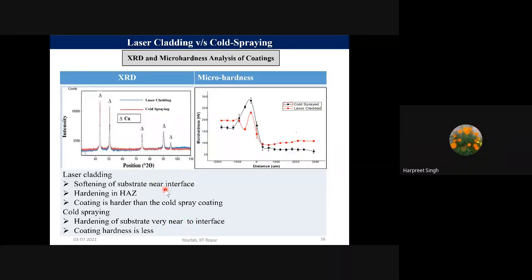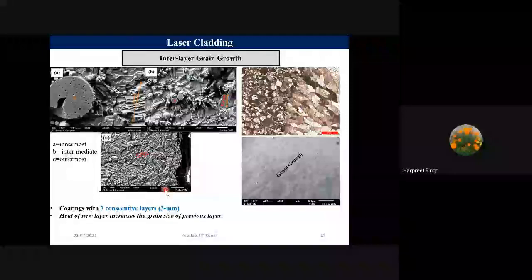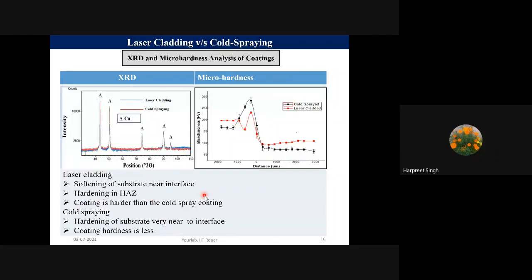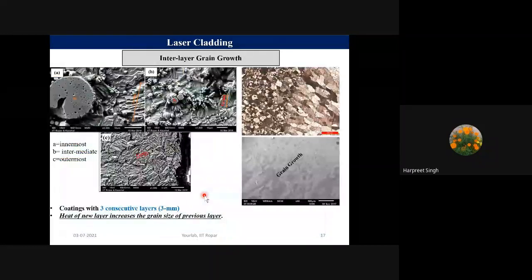Anyway, these are more detailed information about this. Coating hardness is less because it was pure, but here we had some oxides also in the material. See how beautifully Surinder has taken the pictures by SEM of different zones of laser cladding, because we faced a tough time convincing people that laser cladding is not the right solution, right?